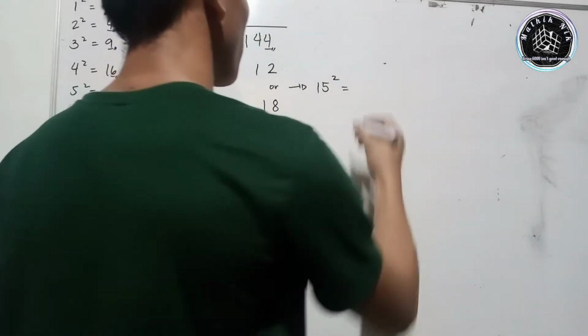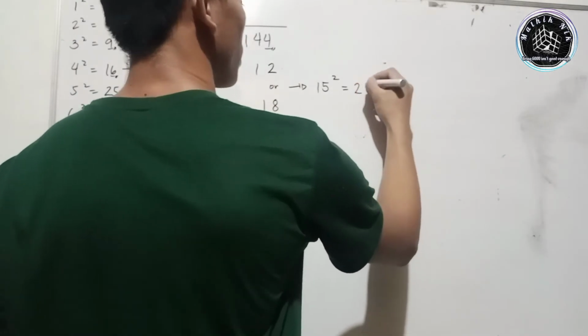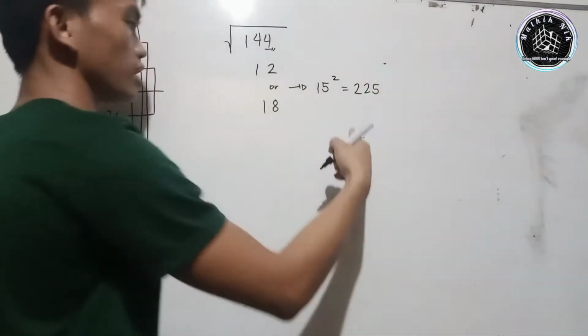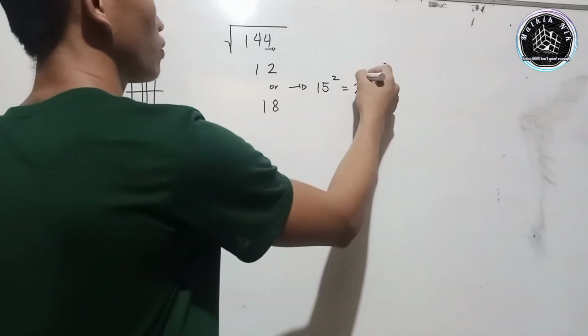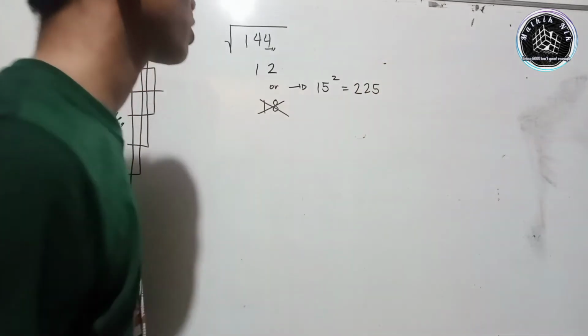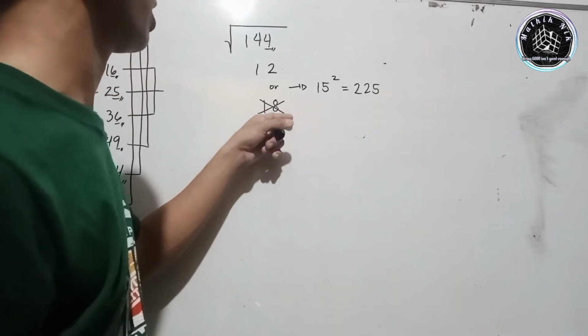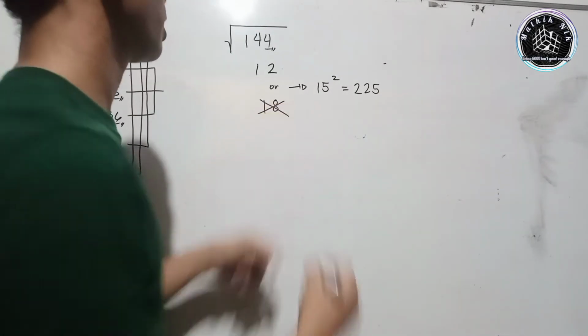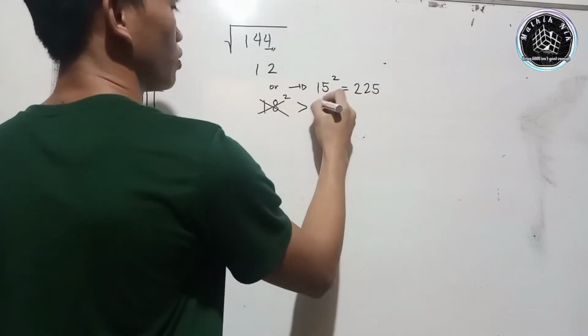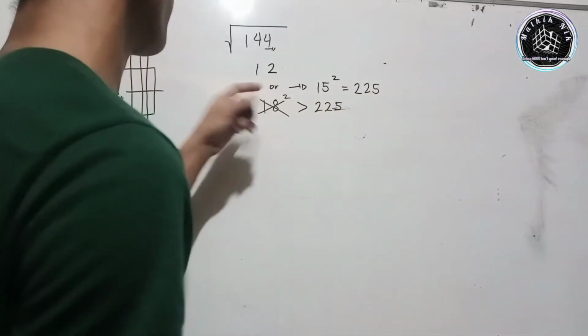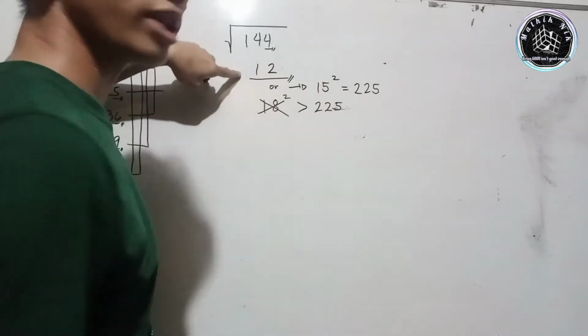Here it goes: 15 squared is 225, which is greater than 144. So 18 should be cancelled out, since the value of 18 squared is much higher than 225. So our answer is 12, without knowing that it is correct.